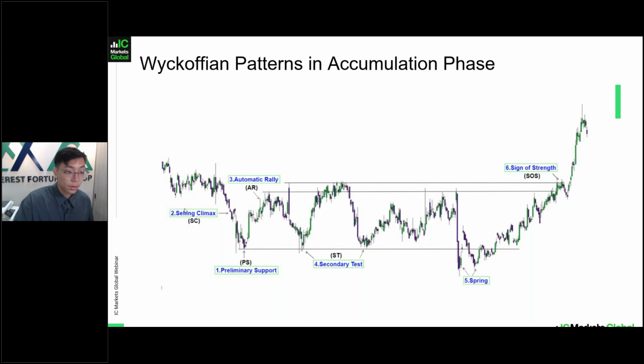Okay, then comes your secondary test. So the secondary test formation happens after an automatic rally and is caused by the long covering process of public investors, which brings back the price to the area of, I would say, either at the PS or slightly wicking out this PS right here.